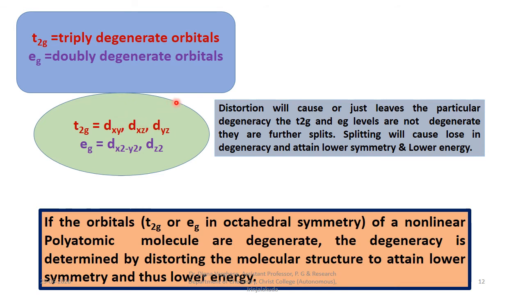T2g can be split according to the energy of the molecule, and Eg can again be split, to attain lower energy. By this lower energy the molecule attains stability. Actually the five degenerate orbitals are splitting in order to attain stability of the molecule.